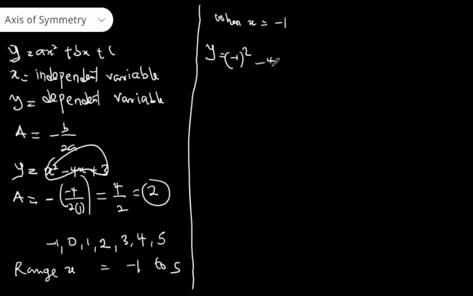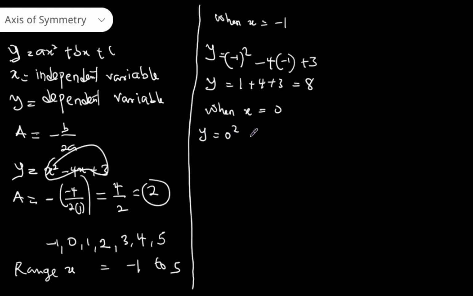Minus 1 squared is 1, minus times minus is plus, that's plus 4, plus 3, and this equals 8. Now, when x equals 0, y equals 0 squared minus 4 times 0 plus 3, and this gives us 3.